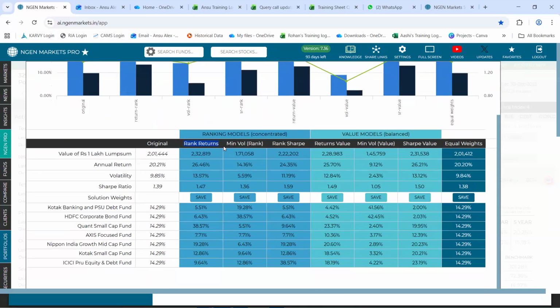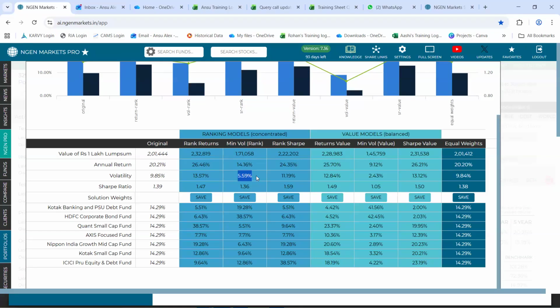The next model that we have is minimum vol, that is minimum volatility. So as the name suggests, the objective will be to minimize the volatility in consideration to the original portfolio. So you can see the original portfolio had a volatility of 9.85, which basis this minimum volatility model happened to be 5.59.